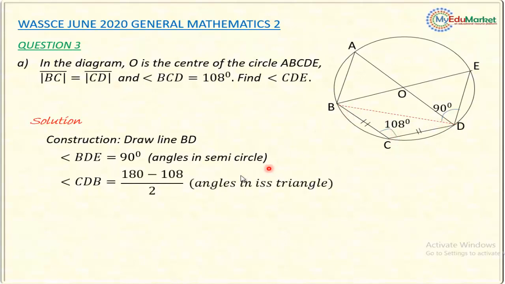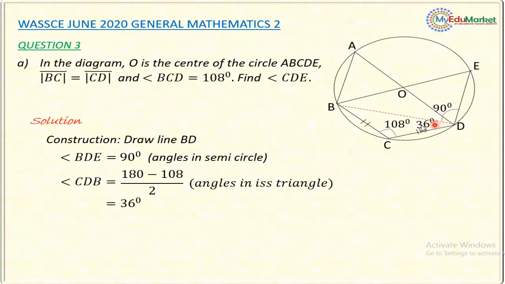So I simply have 180 minus 108 divided by 2. It will give me this one, which will be the same as this. The reason is angles in an isosceles triangle. So subtracting 108 from 180 and dividing the result by 2 gives 36. So this very angle is 36 degrees.